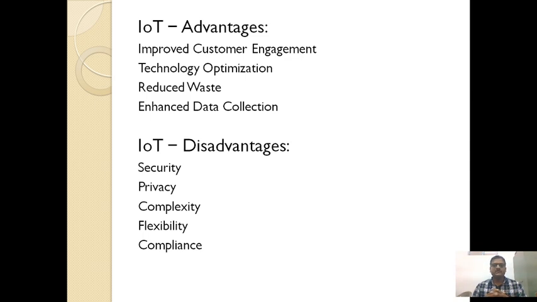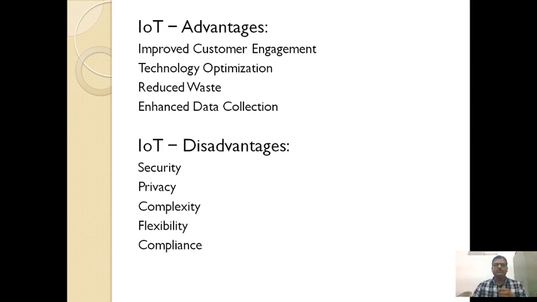Next one is technology optimization. The same technology and data which improve the customer experience also improve device usage, and add more potential improvement to the technology. IoT unlocks a world of critical function and a field of data.